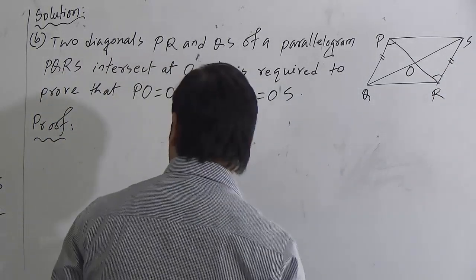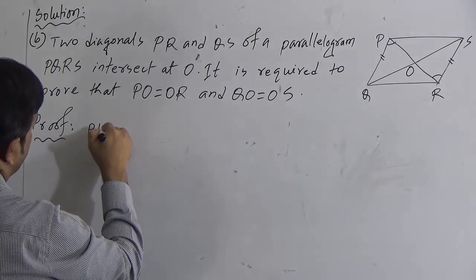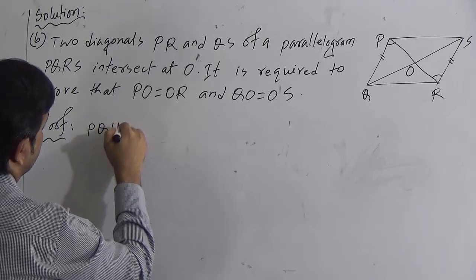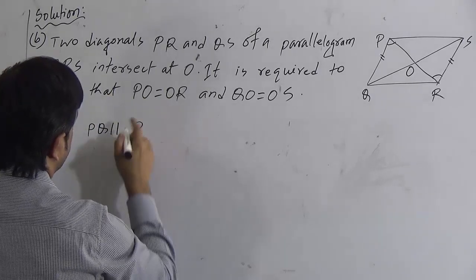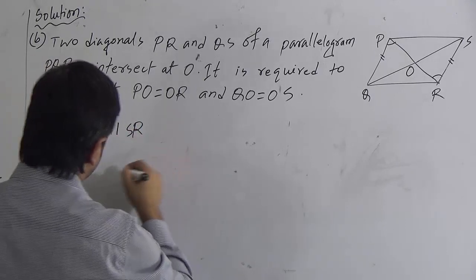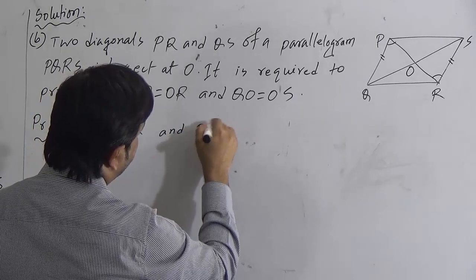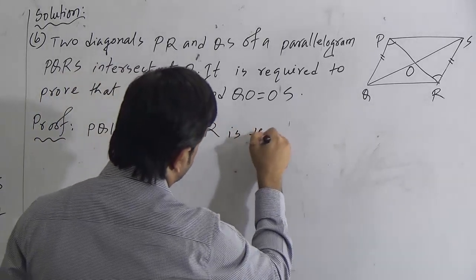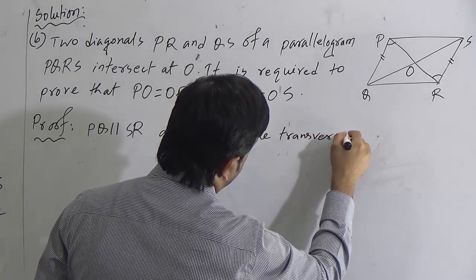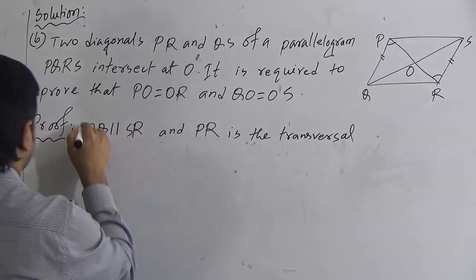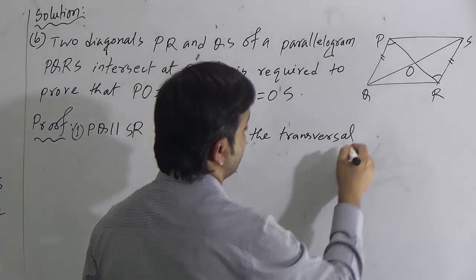Okay. So at first we can write here PQ parallel SR and PR is the transversal. This is step 1. PR is the transversal.